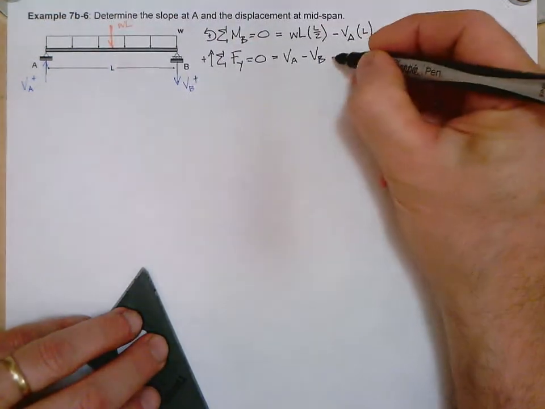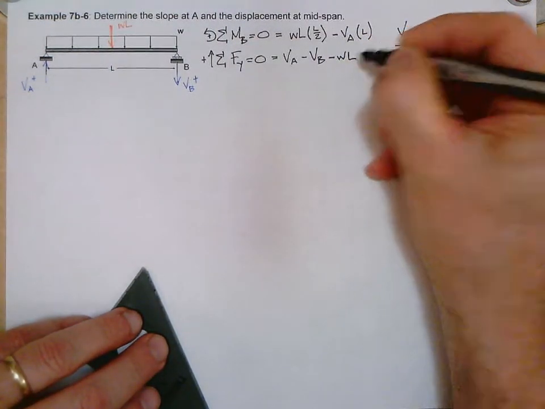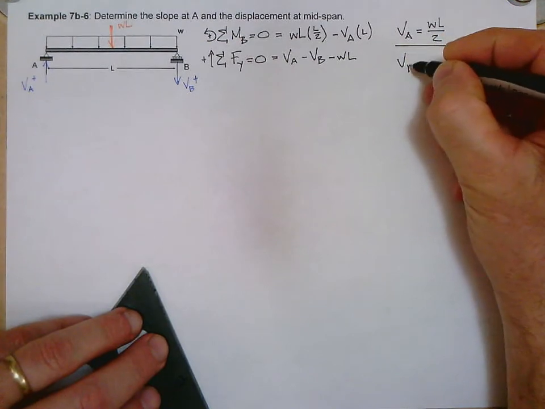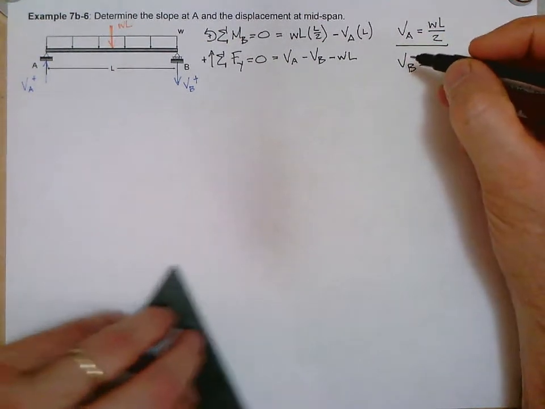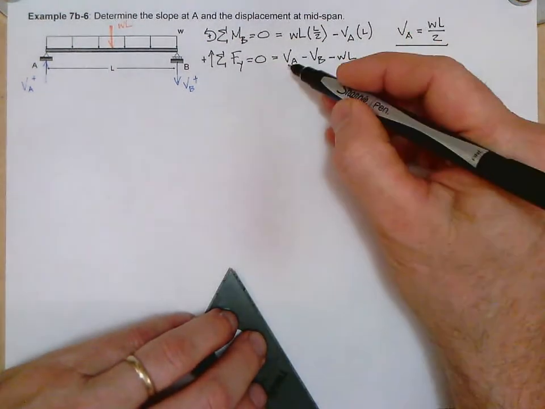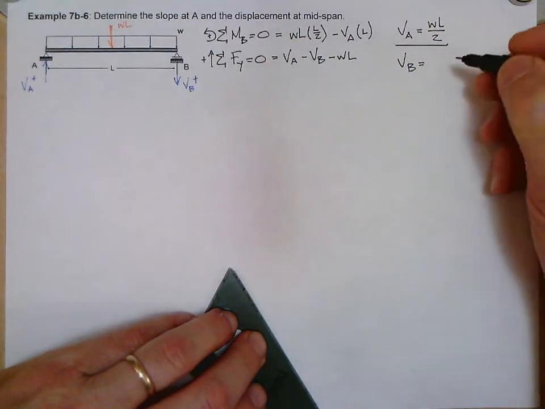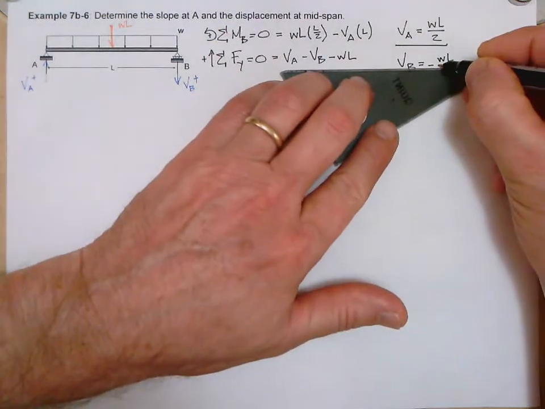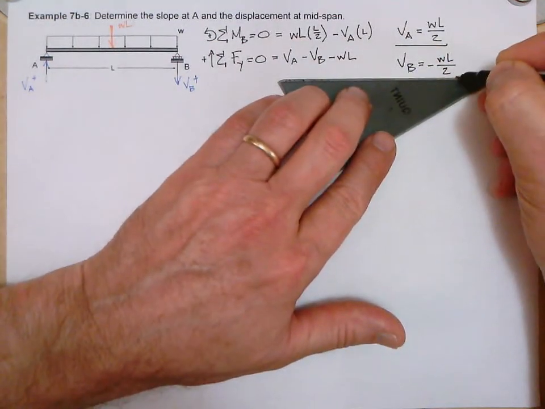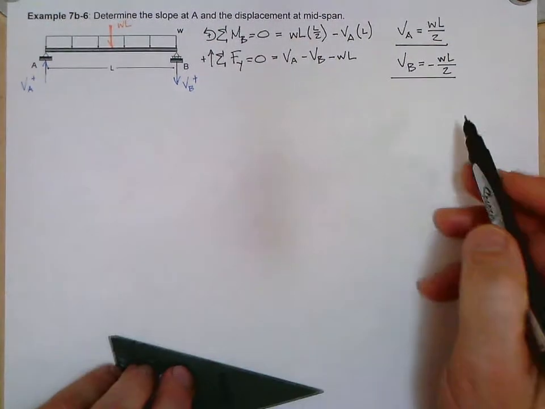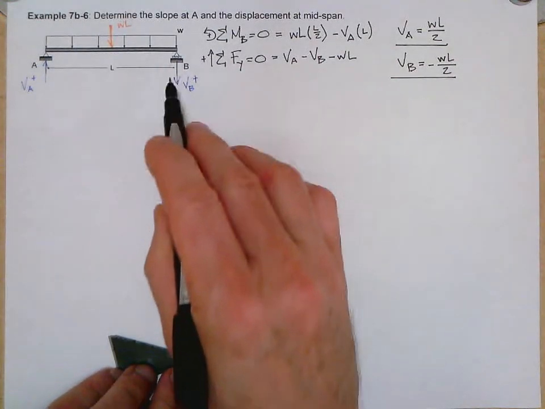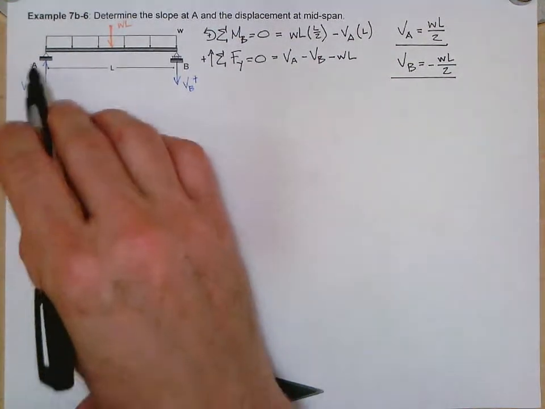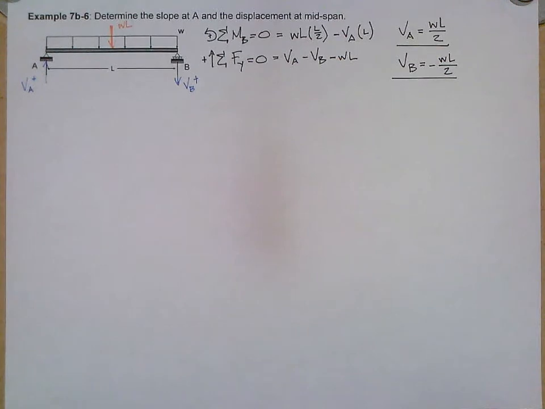My load WL is also down. So I can find the shear at B. When I plug my value for shear at A in here, I only have one unknown, the shear at B. And when I find that, it's negative WL over 2. Again, that makes sense too. So the reaction is up. In fact, both the reactions are equal and up to balance the applied load of WL down.